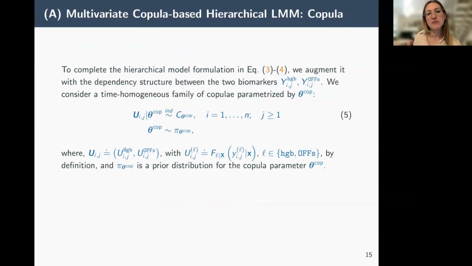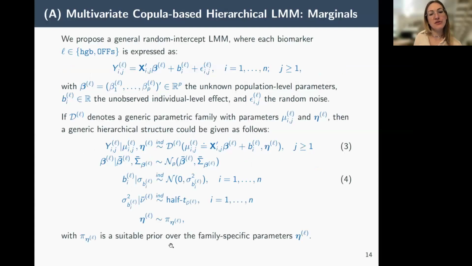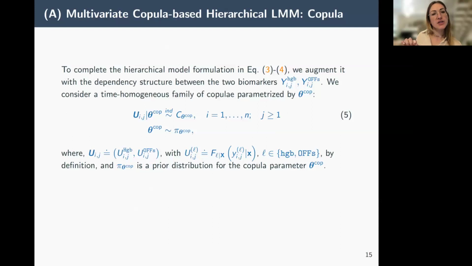And to complete this model, since this only refers to the marginals, we couple the two marginals with a Copula model. Again, we are considering only parametric family. Here, I'm presenting only results related to the parametric model.